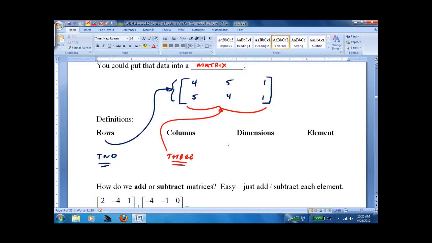And then the dimensions, it's rows by columns. So in this case, it is a 2 by 3 matrix. And the elements are the data in the matrix.